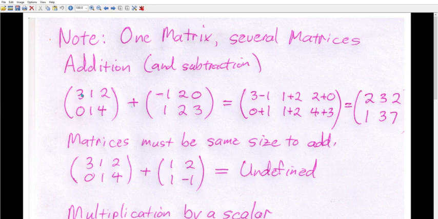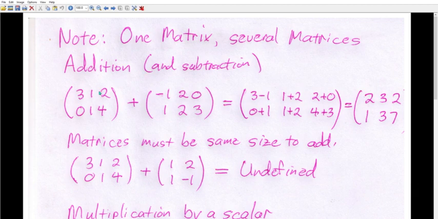So the 1, 1 entry in the sum is going to be 3 from the 1, 1 entry in the first matrix, plus minus 1 from the 1, 1 entry in the second matrix, and we get 3 minus 1, or 2, which is the entry that we get in the sum.